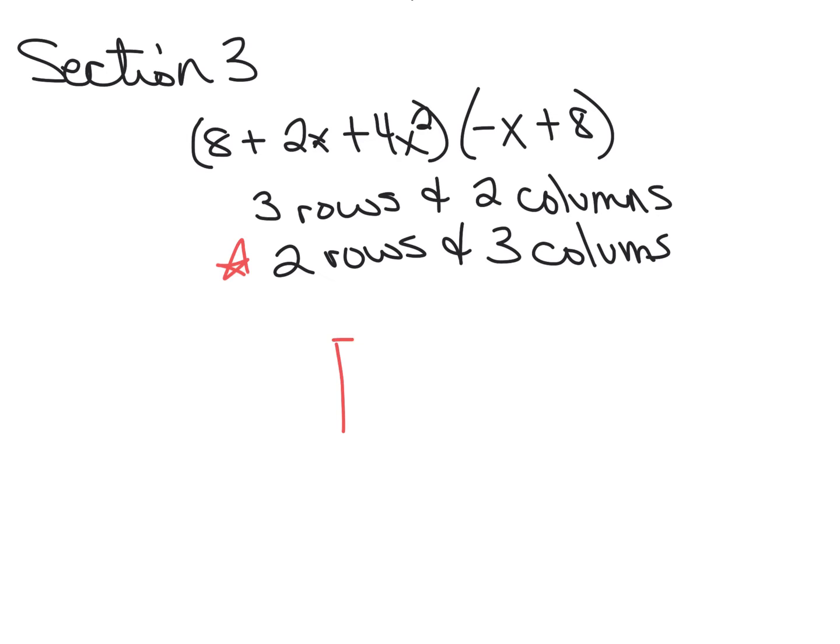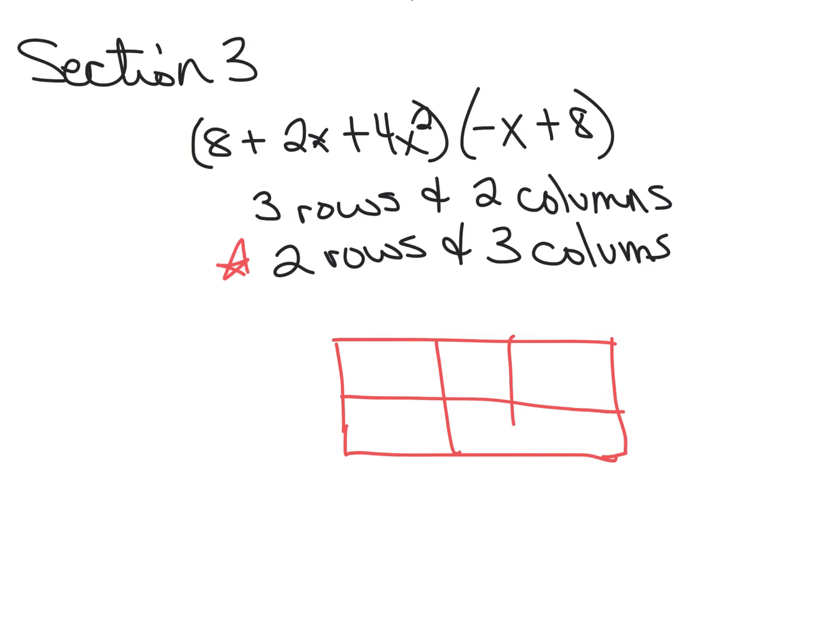So then it provides a box that matches what you put in. 2 rows, 3 columns. So I'm going to put my negative x and my positive 8 here. And I'm going to put my 8 plus 2x plus 4x squared across the top.